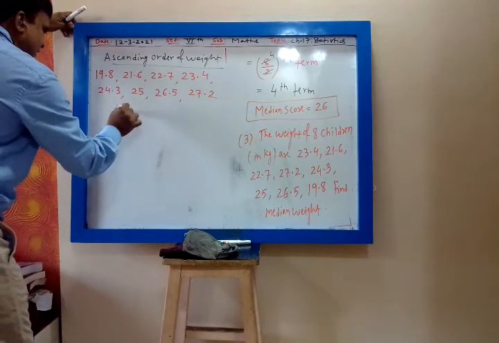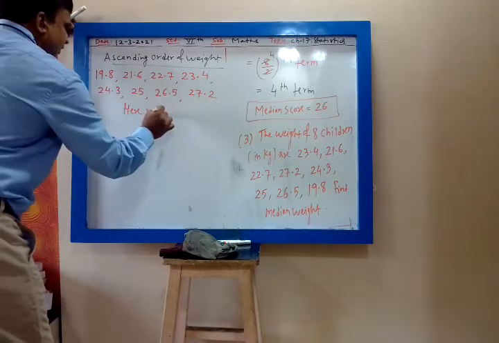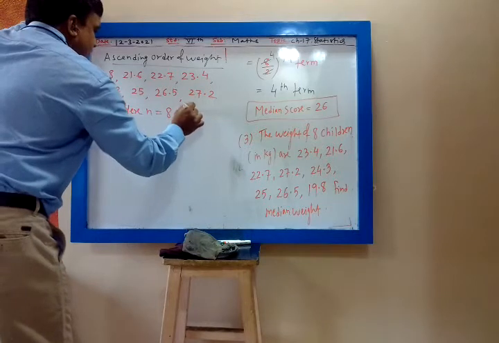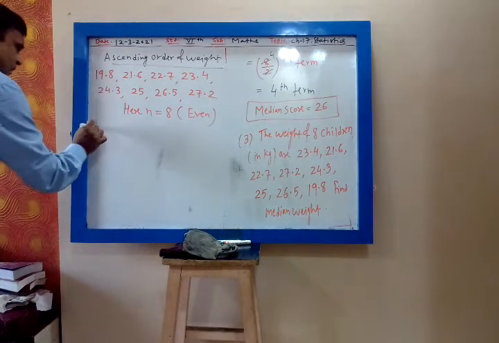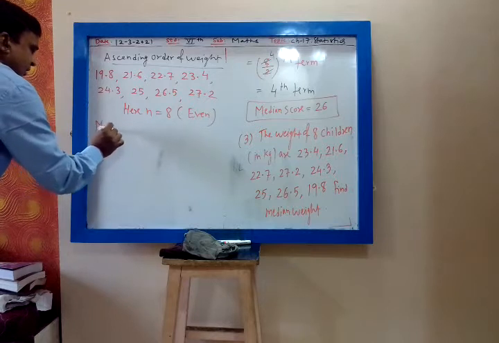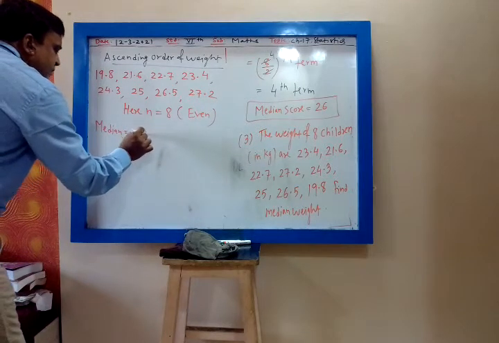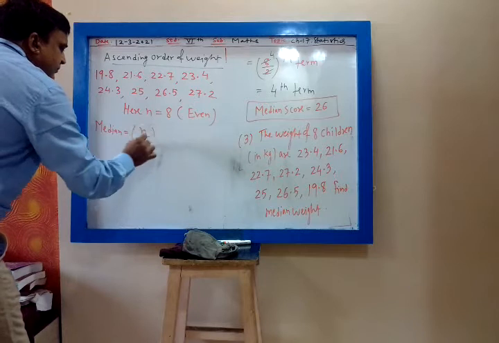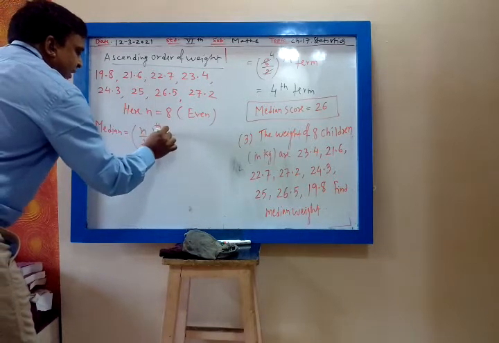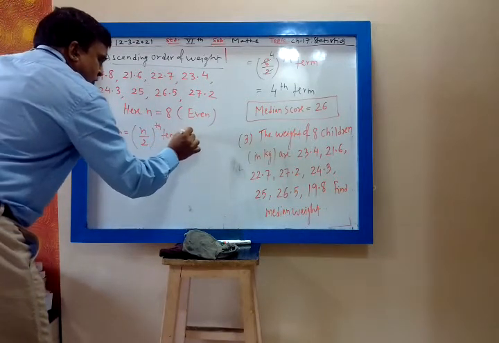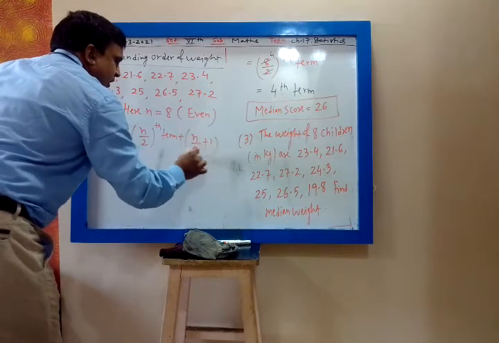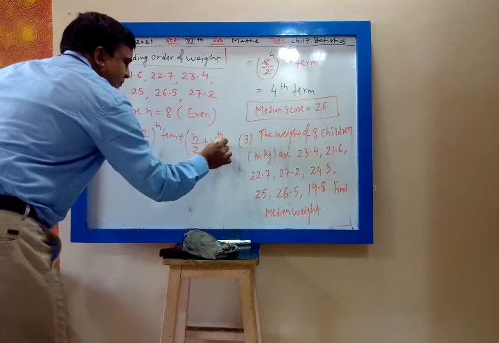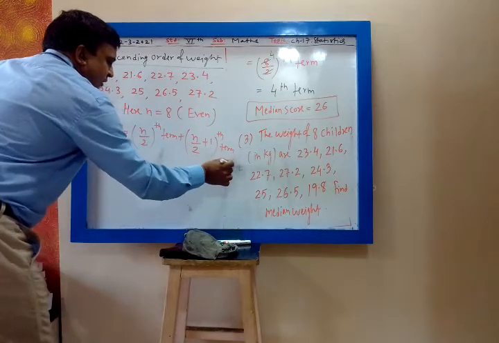Here n is 8. 8 is an even number. So the formula will change. The formula for median will be (n upon 2th term plus n upon 2 plus 1th term), whole divided by 2.